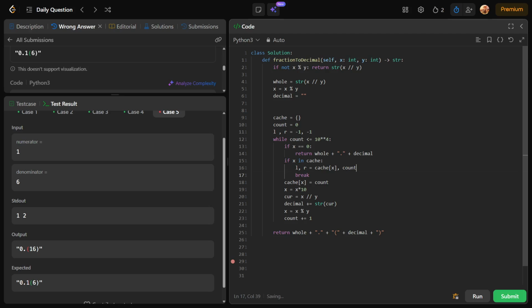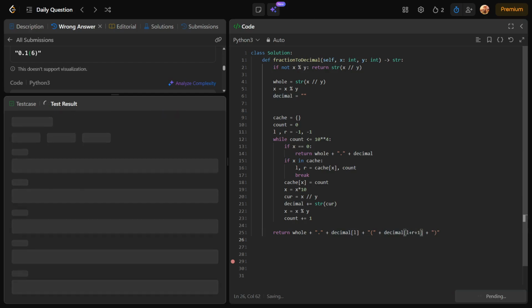Okay, and now whole is dot plus decimal up to left plus decimal of left to R plus 1.